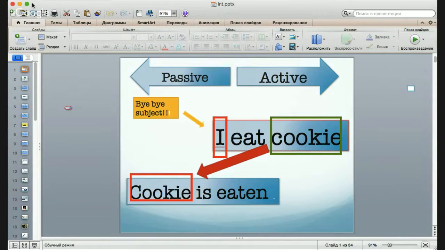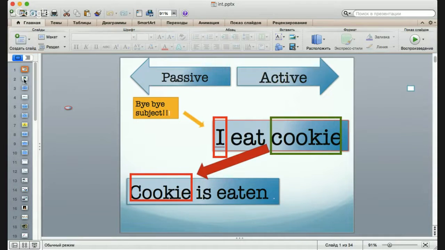And the last thing, what happens to the subject? What happens to the person or to the thing which or who performs the action? We just get rid of it. What does it mean to get rid of something? To get rid of something means that you just eliminate it. So you take it away. You just say bye-bye to the subject and that's it. So the active sentence, I eat cookie, is transformed into cookie is eaten.